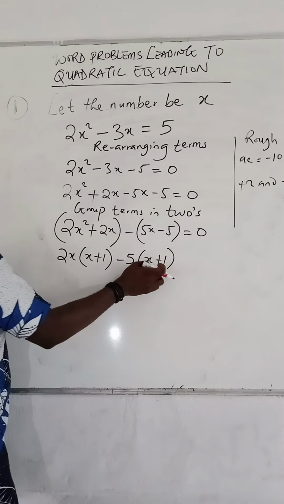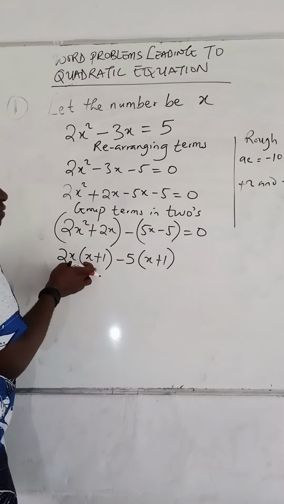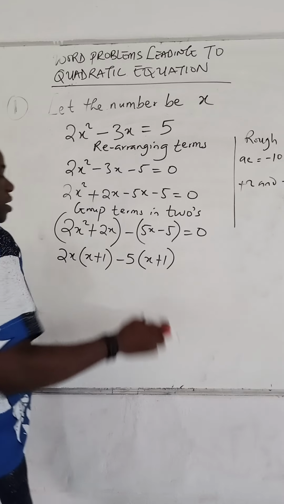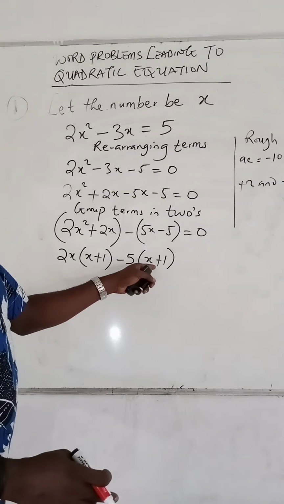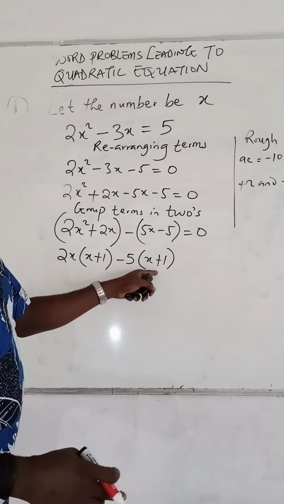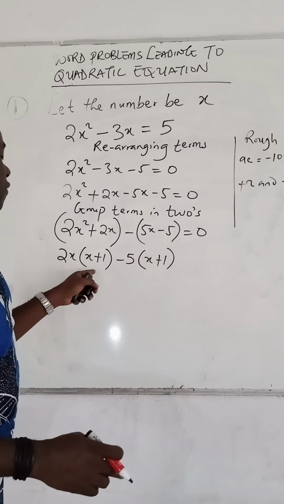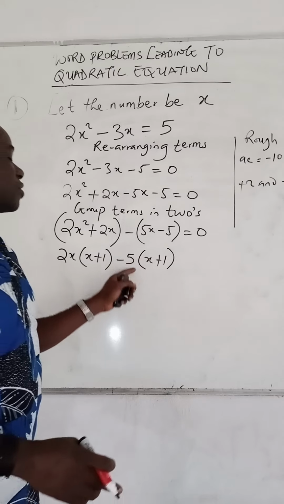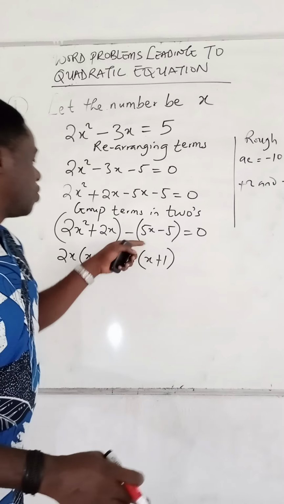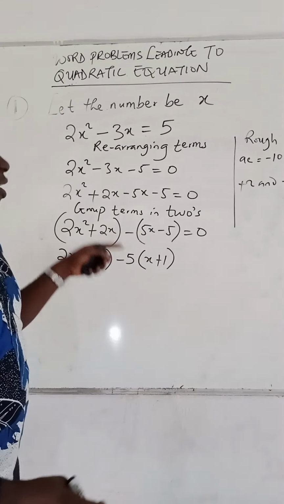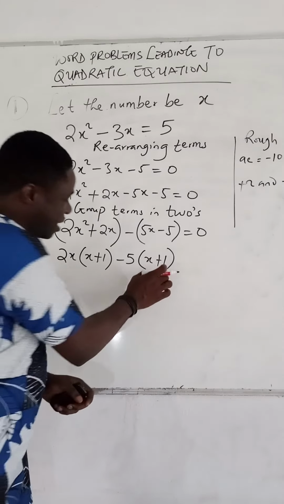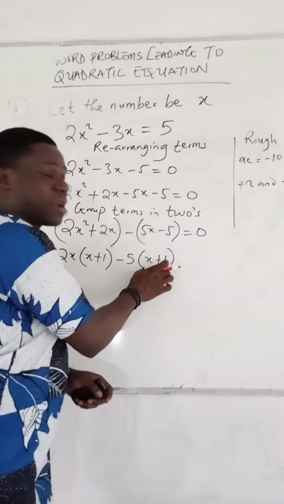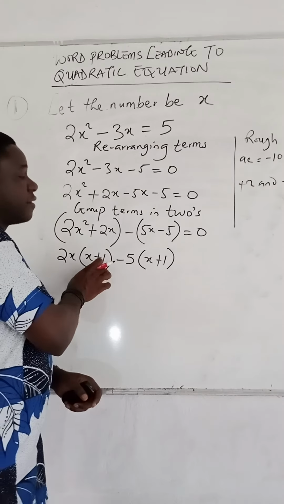Now, the sign of the second bracket must conform to the sign of the first bracket, so that when you expand this, you will get back the original expression. Very important.